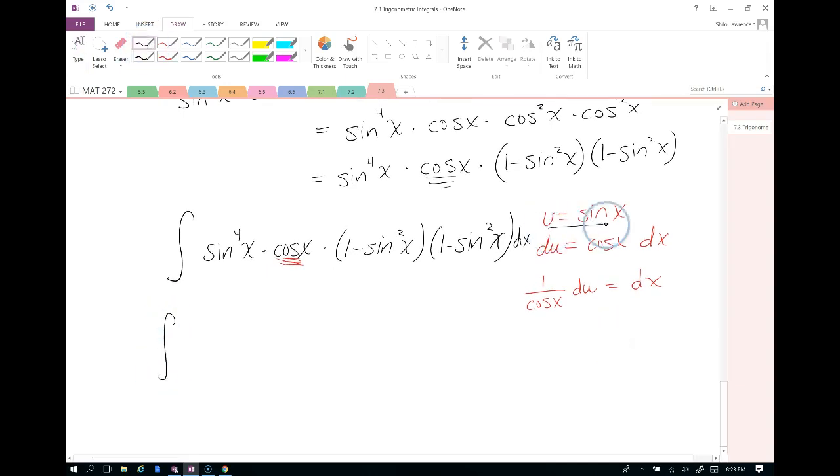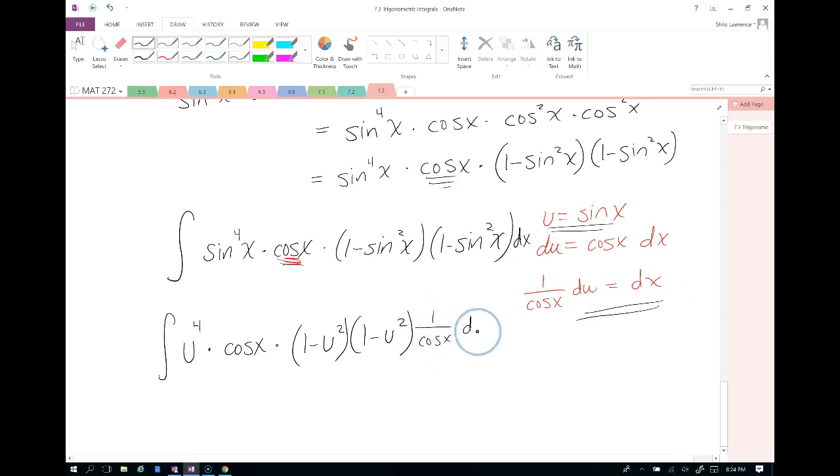But now every time I see a sine, I'm going to put a u instead. So this is u to the 4th times cosine x times 1 minus u squared times 1 minus u squared, and then instead of dx, I'm putting in 1 over cosine x du. And just like in the last one, don't rewrite your 1 over cosine as a secant.